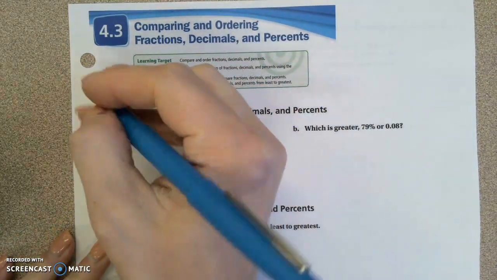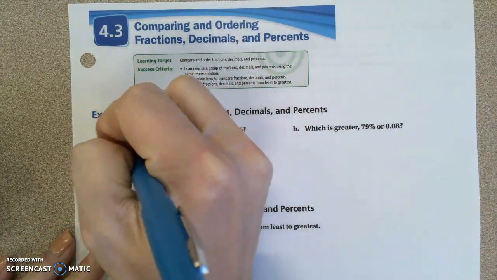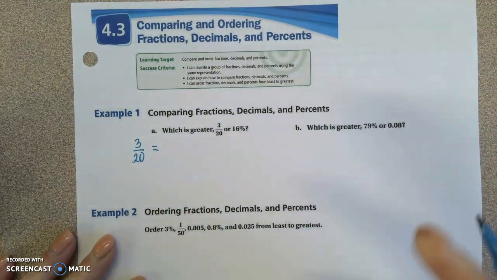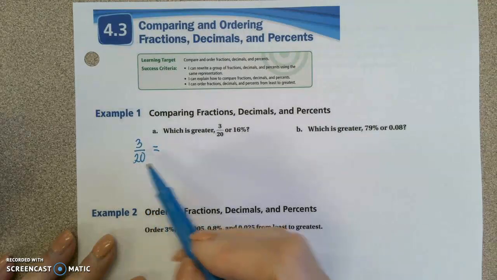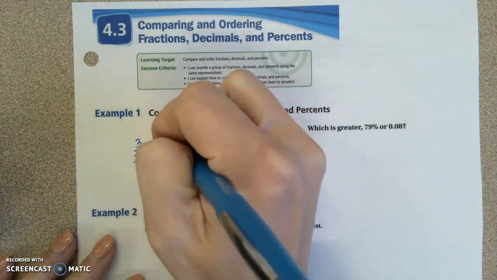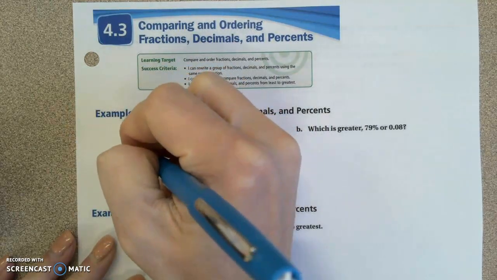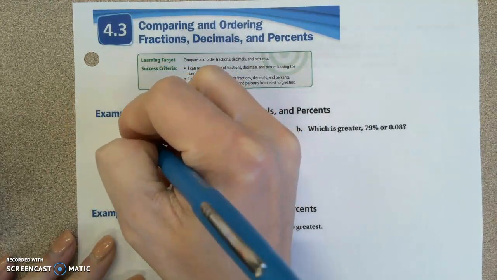So I'm going to take 3/20 and turn that to a percent. I can do that fairly easily because 20 can get to 100 by doing 20 times 5 and 3 times 5.